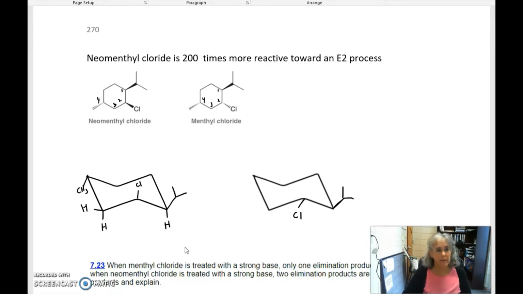And we'll skip this, this is the same. So this group here holds the chloride in an equatorial position. And so this is much less reactive. The chlorine is preferentially equatorial.